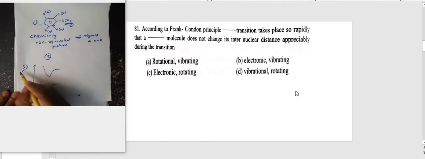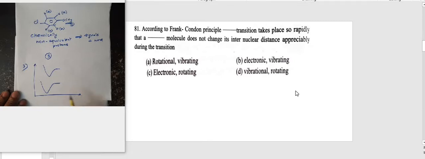This is question number 3. Here this is the internuclear distance, and here we have the potential energy, which depends on the internuclear distance.